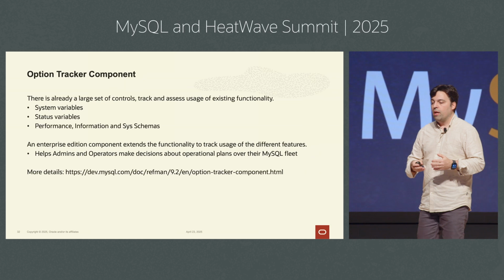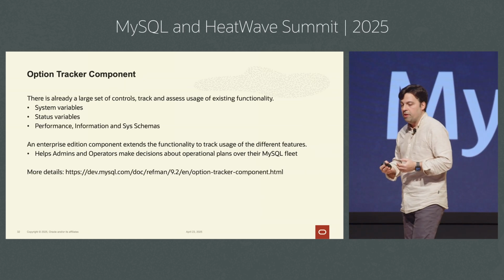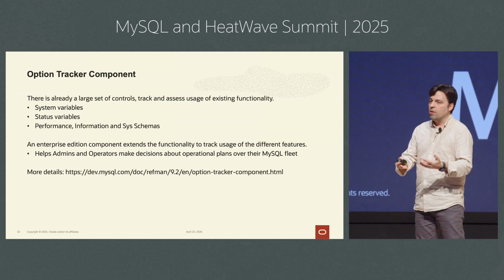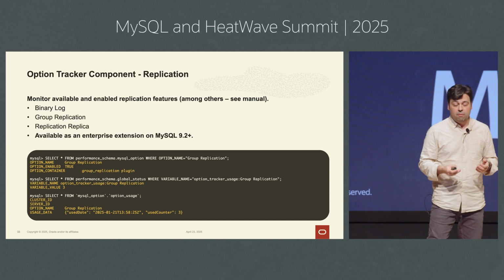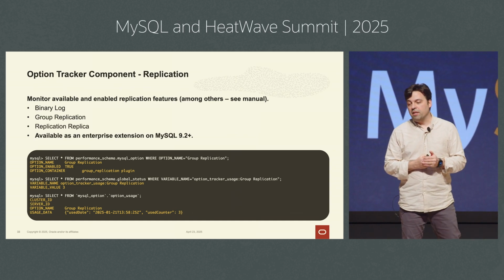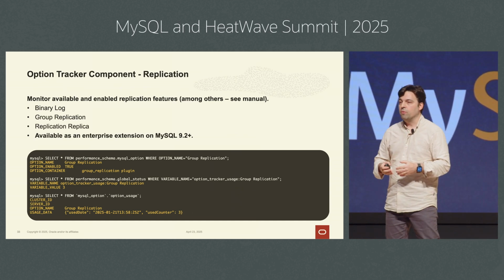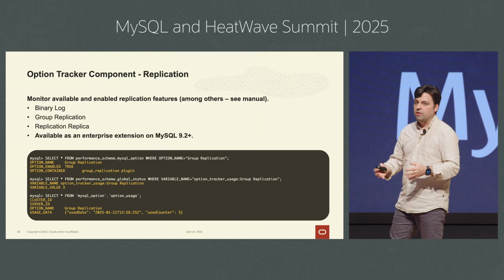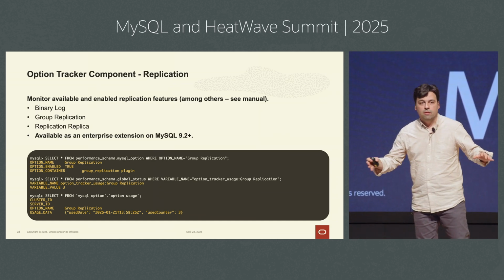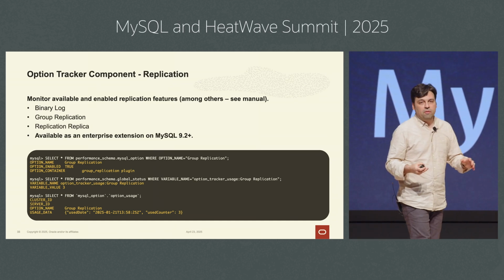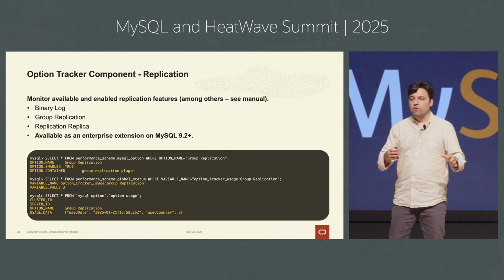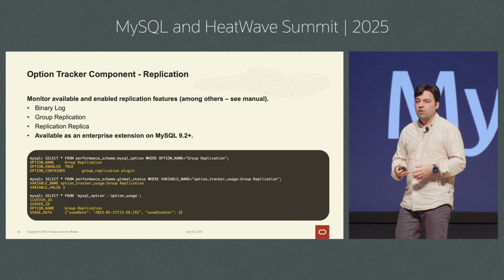Within this option tracker, we registered some replication features. So you can go in and see, if I consult my entire fleet of MySQL servers, more or less who's using what, with how much frequency, and so on.